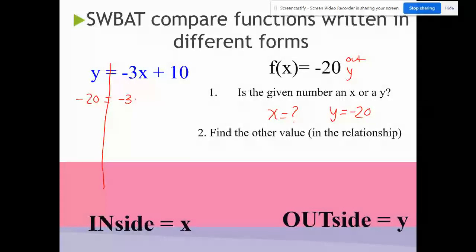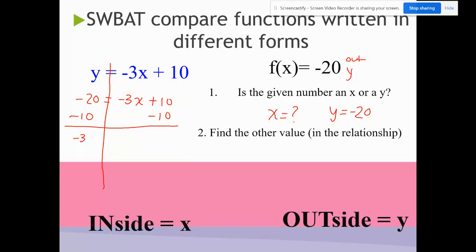If I had plugged it in on this side with the x, I would have to use parentheses because there's too much going on over here. We're going to do opposite operations. Use your calc if you need to. Again, pause, rewind, fast forward as needed. We're going to hug it out in a relationship.